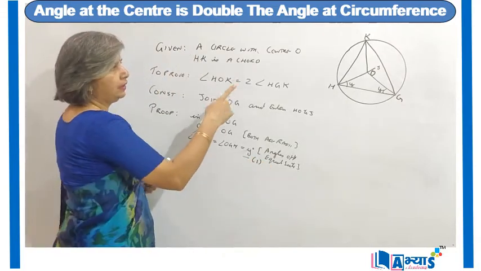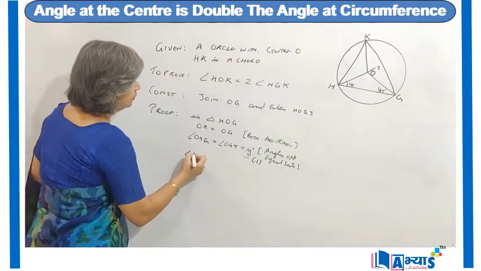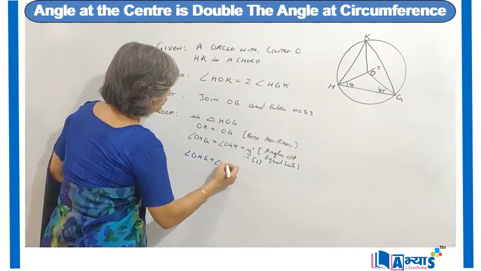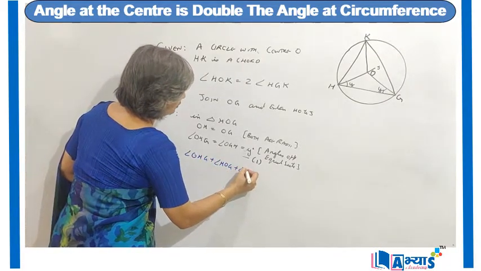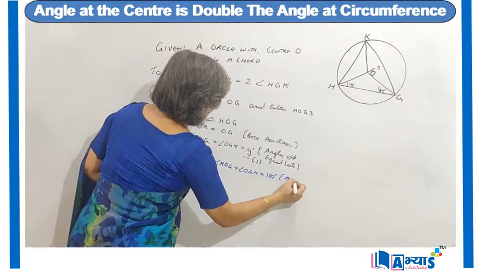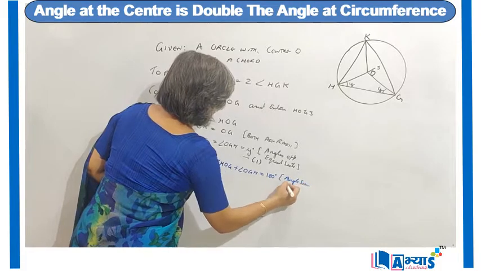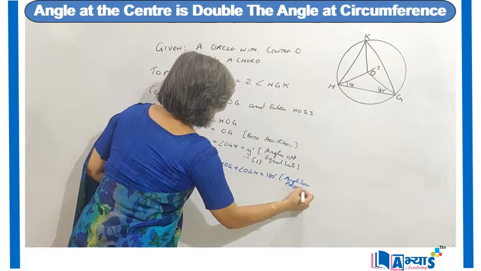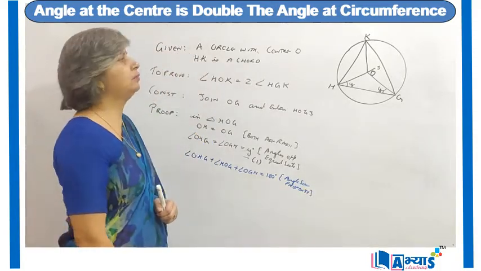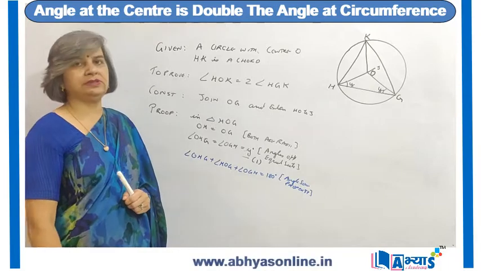Now in triangle HOG, angle OHG plus angle HOG plus angle OGH is equal to 180 degree, angle sum property. Because we know that the sum of angles of a triangle is equal to 180 degree and OHG is a triangle.